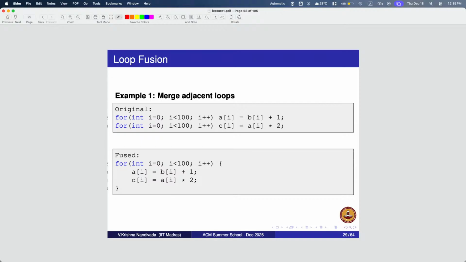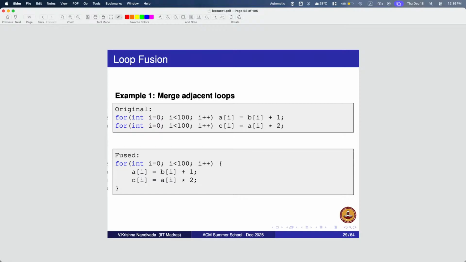By loop fusion, what I want to do is say, hey, don't go over the loop twice. Because here I'll do 100 branches, here I'll do 100 branches. Let me fuse them together into a single loop. If I fuse them together, now I have reduced the number of branches by half. Number of increments by half.